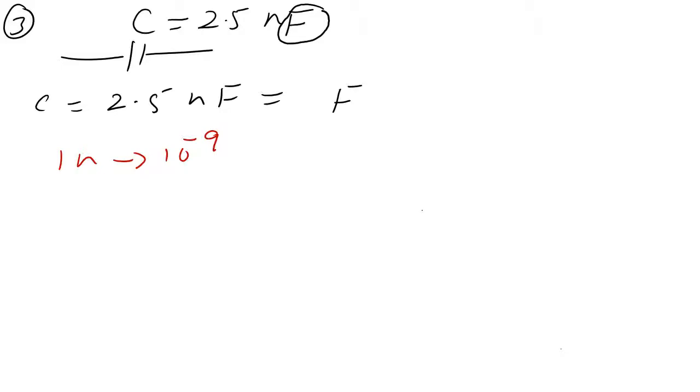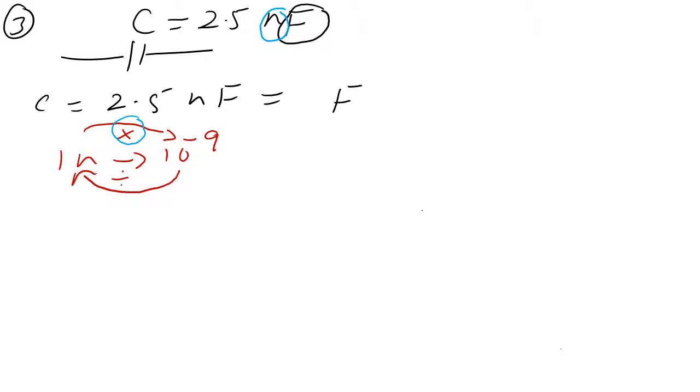So if you have the nano and you are changing to the number, you have to multiply, and if you have the number and you are going to nano, you have to divide. So this rule we use. Now here we already have this nano, and we want to change the nano to the number. So multiplication we will use.